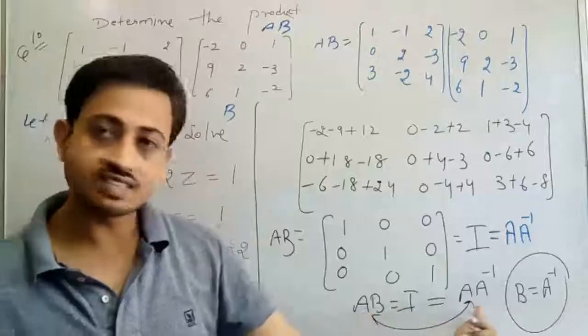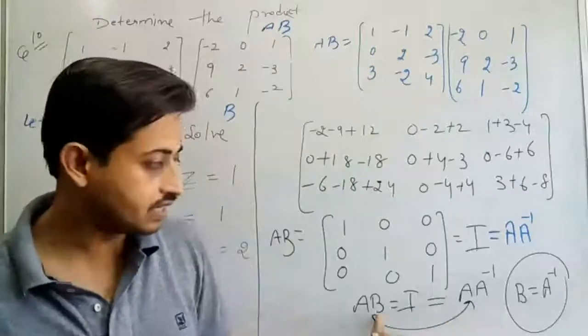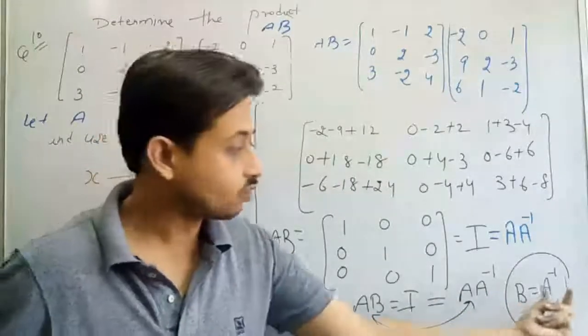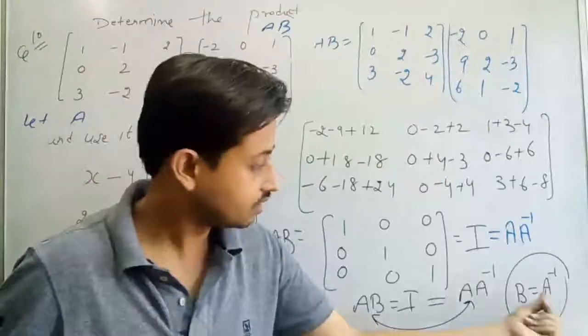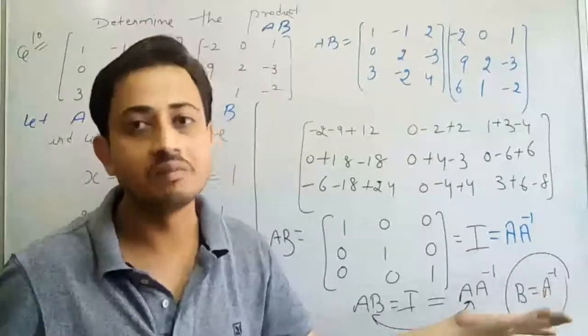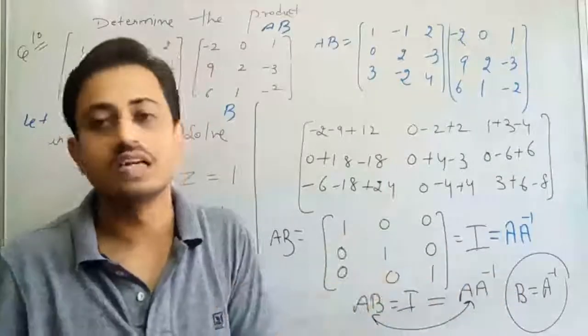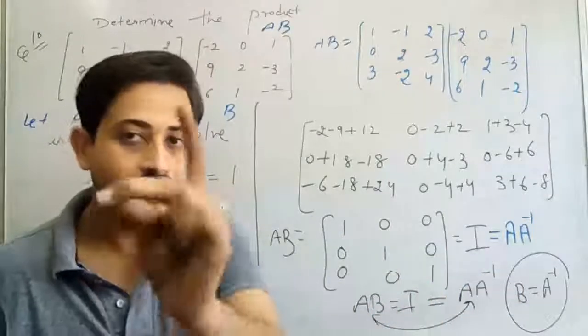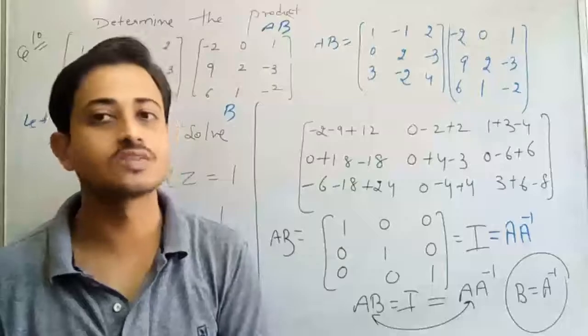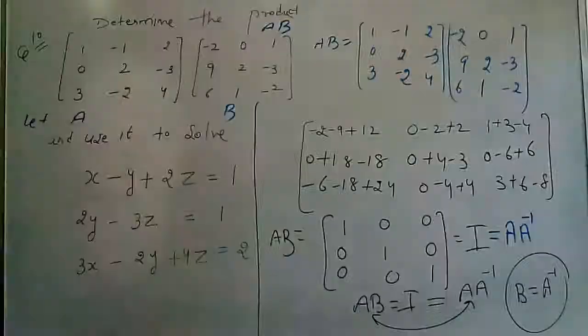So A is cancelled out on both sides. We get B is equal to A inverse. So A inverse is basically B. We have to use the matrix B as A inverse and use this concept to find the solution of the linear equation. So please make a note.